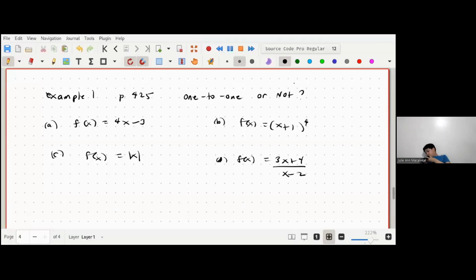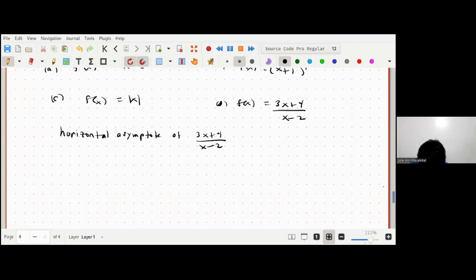So just to check, for example, so horizontal asymptote ng... So the test is we have to find anong behavior niyan as x approaches infinity. So yung test, what's the limit as x approaches plus infinity of 3x plus 4 over x minus 2?